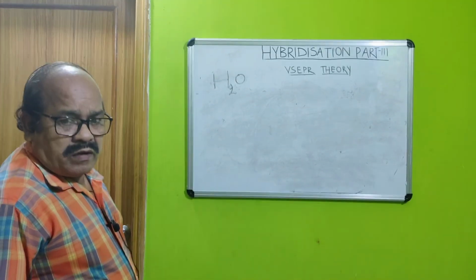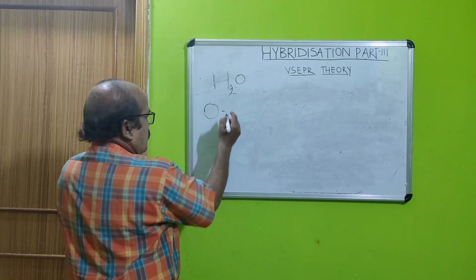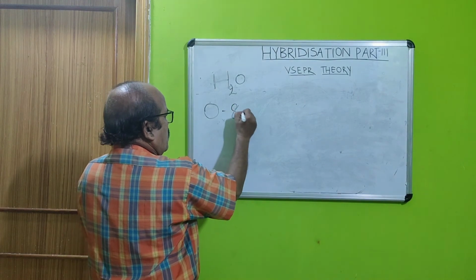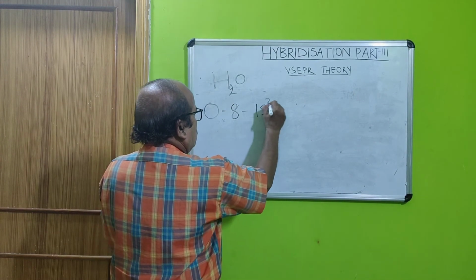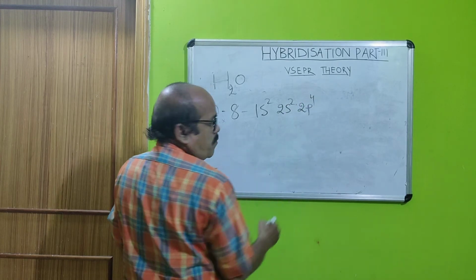In case of water, the central atom is oxygen. Its atomic number is 8. Electronic configuration is 1s2, 2s2, 2p4.